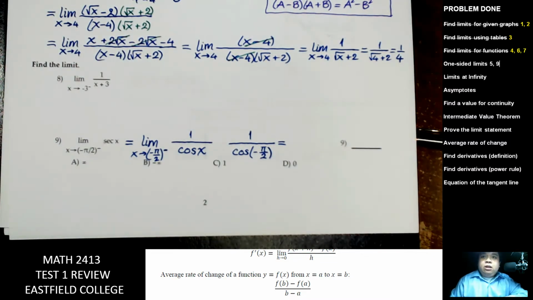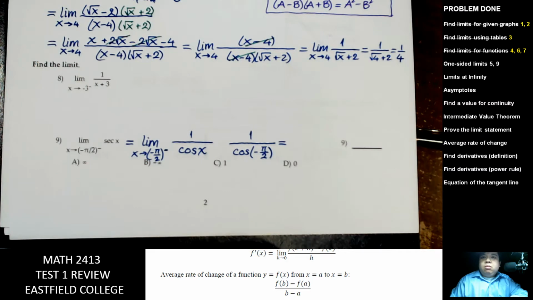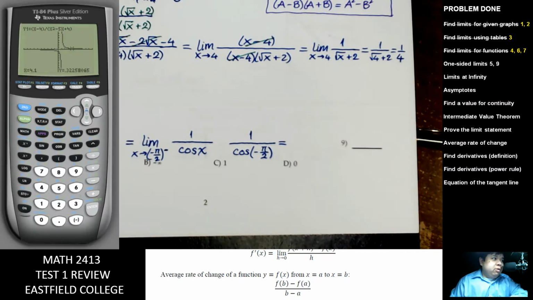Again, calculator. Cosine of negative pi over 2. We're going to use the calculator later. So make sure it is in radian mode. So it's good.